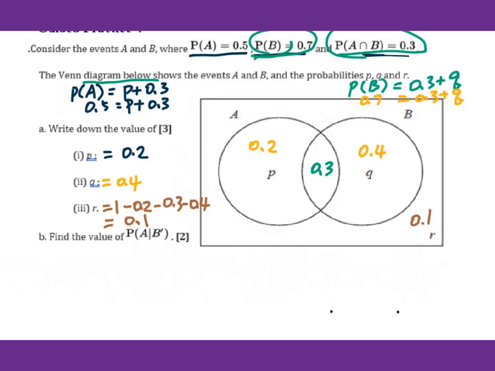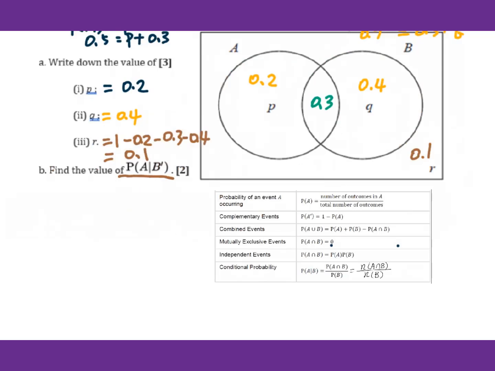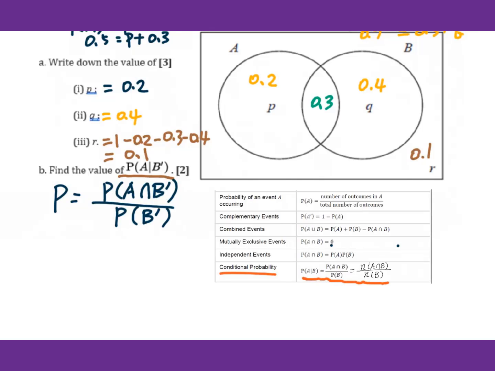For part B, find the value of probability of A given B prime. According to conditional probability, we can write down the formula: probability equals probability of A intersect B prime over probability of B prime.